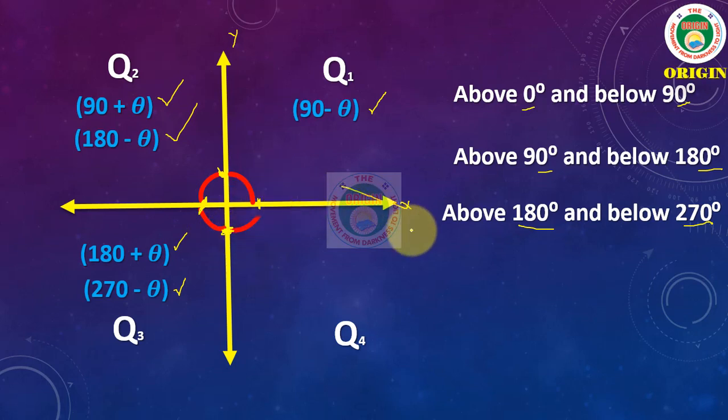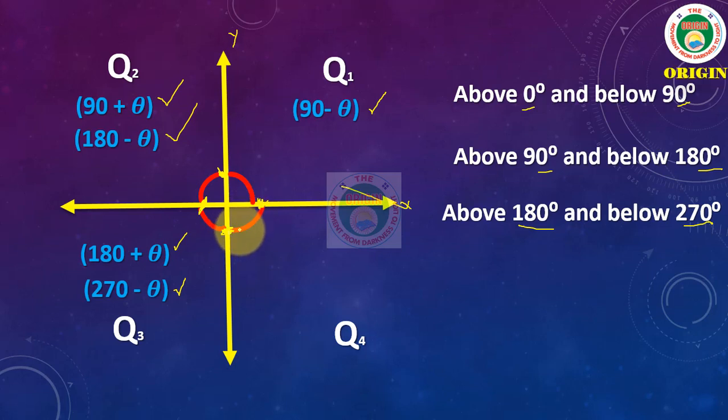on the positive x-axis. So now the person starts from 270, 280, 290. That means above 270 values: 300, 310, 320, 330, 340, 350, and here he made a 360 degrees angle. Now the person made one complete cycle, a 360 degrees angle.